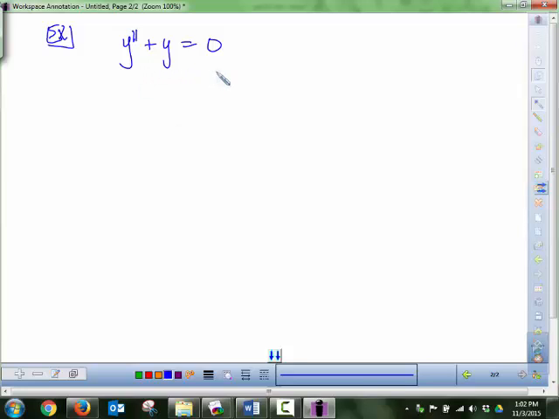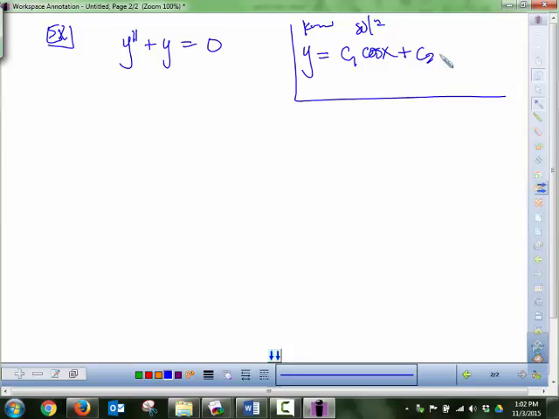But this is a sine and cosine combination. So let's just put that down as something that we know already. Solution is going to be C1 cosine x plus C2 sine x.